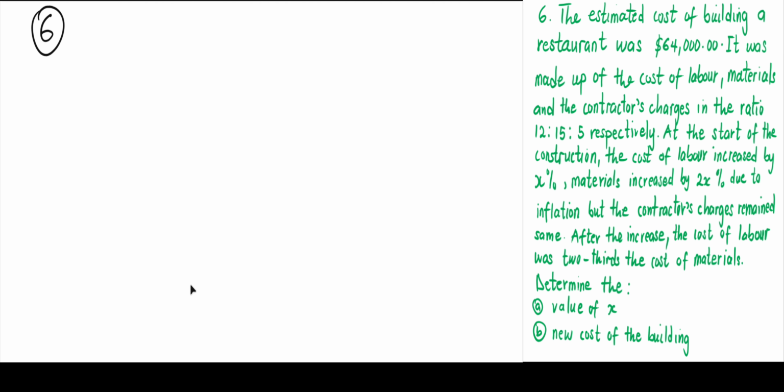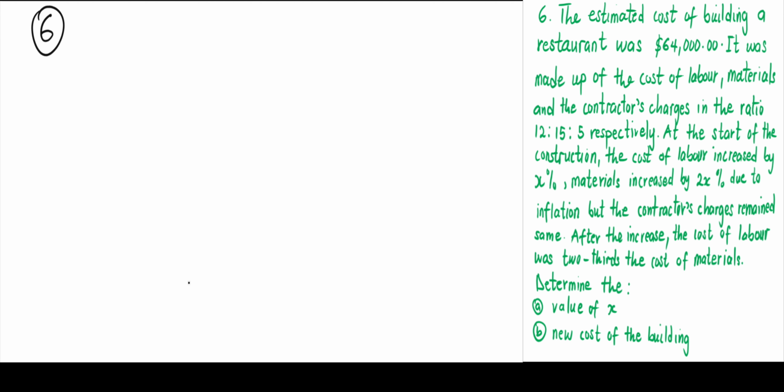The ratio is also given in the order in which the cost will be shared, and that is 12 to 15 to 5 respectively. In this problem, you could see that the cost of labor comes first, followed by the materials and that of the contractors' charges. So we first consider the total estimated cost.